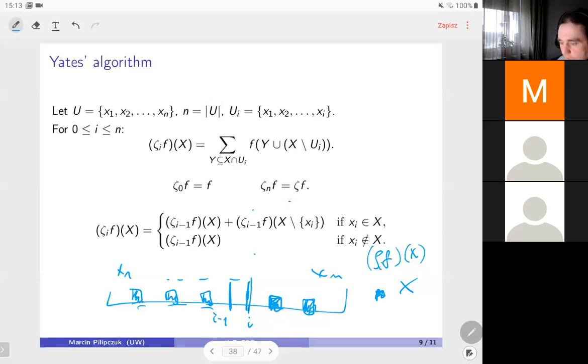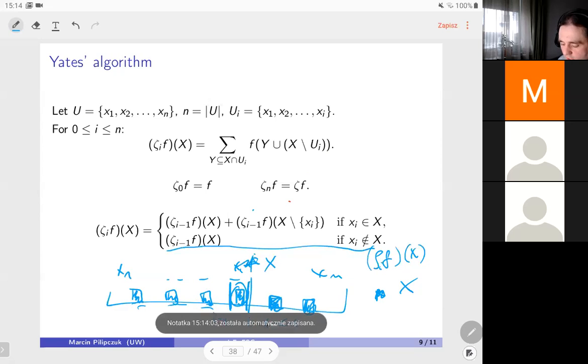And the point is that if this element xi is not in X, then this sum is exactly the same. It doesn't matter. I'm just summing over all subsets of X, and I'm not changing anything in this sum. So if this guy is not there, I'm just copying the value from the previous one. But if xi is inside X, then suddenly my summation changes, because the previous summation mandatorily took this guy inside my subset.